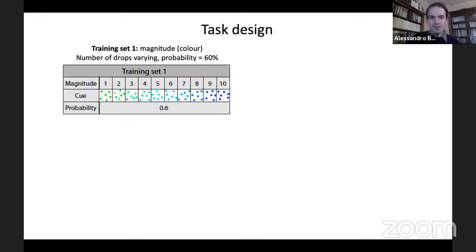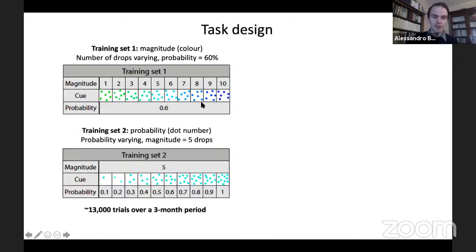You have a first training set where the monkey for a long time is trained to make binary choices between options that associate different colors with different amounts of juice. Then on separate days, they learn to make binary choices again, and now the options are associated with different probabilities of reward. But note that in every case, one attribute is changed and the other is fixed.